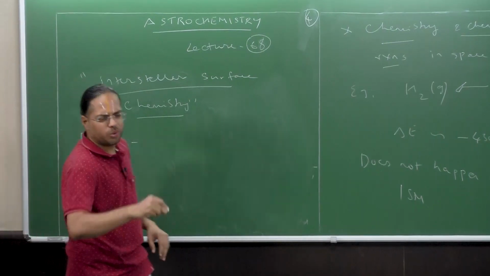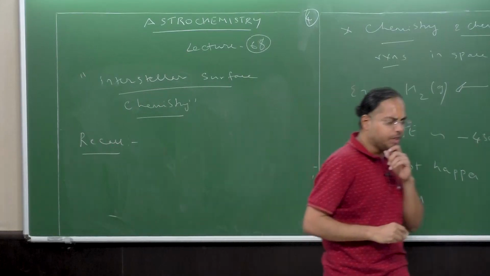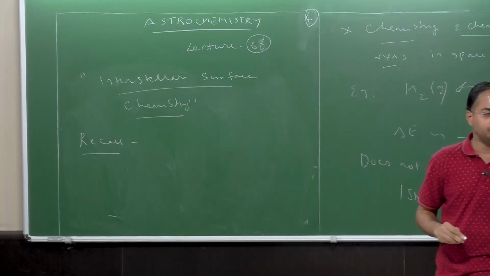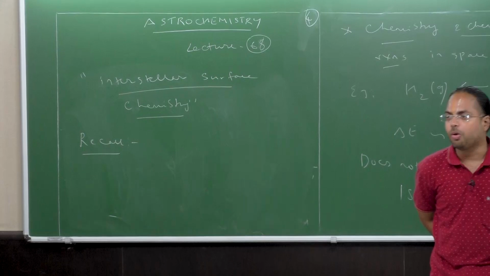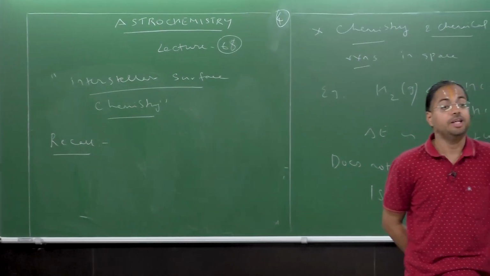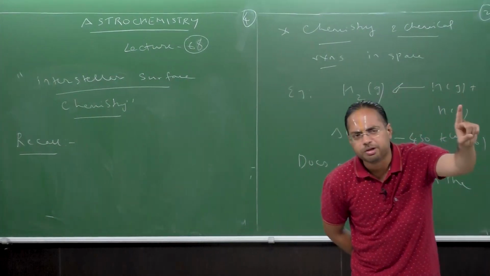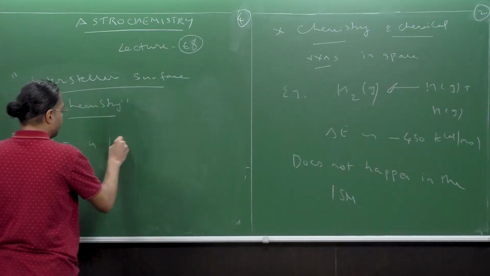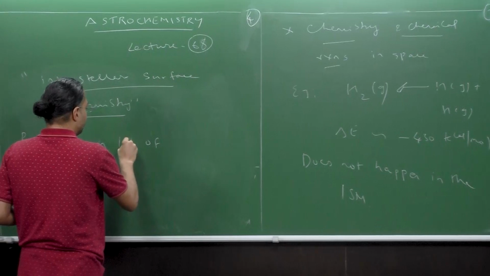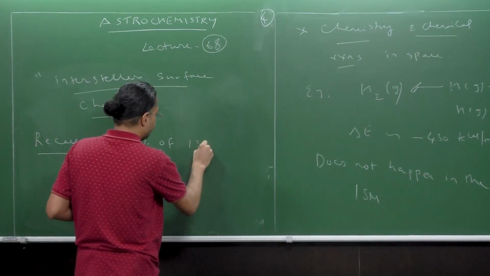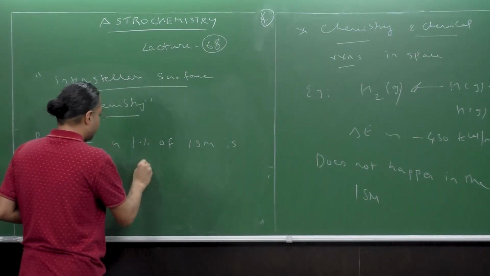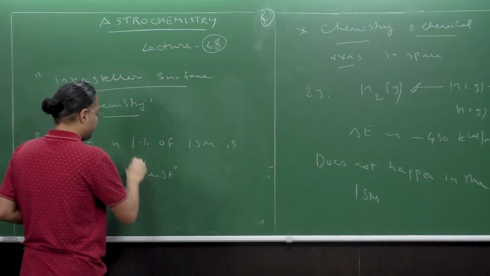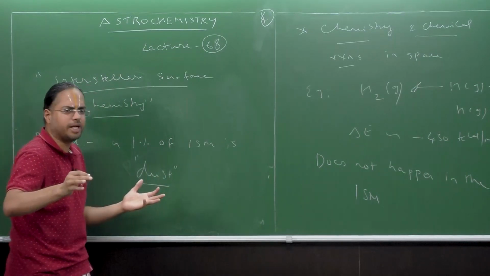If you go back to the first few lectures, I was telling you about the composition of the ISM. The ISM is predominantly hydrogen and helium in the gas phase. But roughly 1% of it is in the form of solid dust. What do I mean by dust in this context?